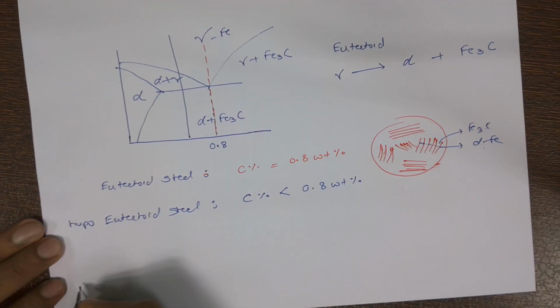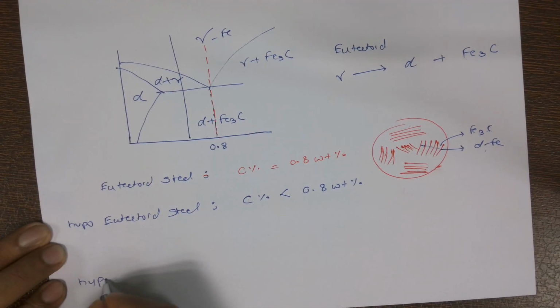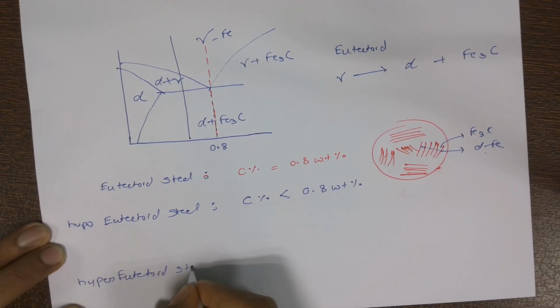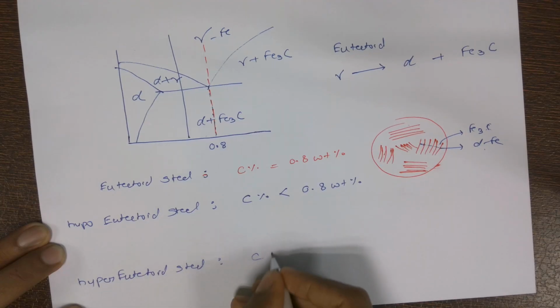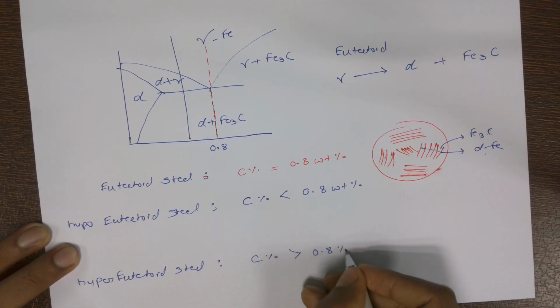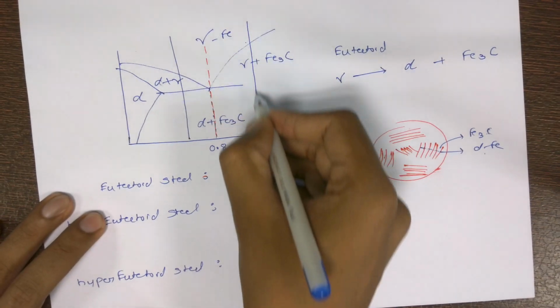Okay. Now the last part, hypereutectoid, is the one where the carbon percent is more than 0.8. Okay. So for example, if we are dealing with something like this.